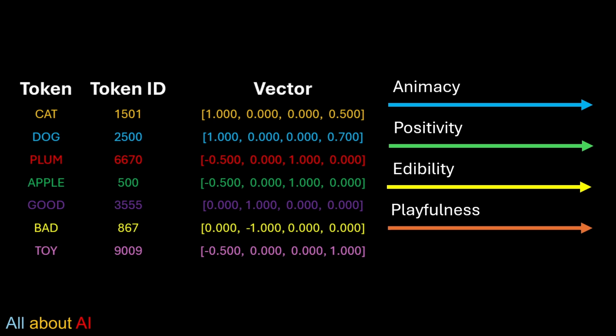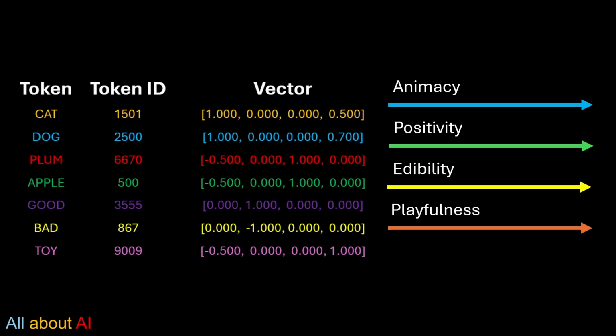So if you look at the first column of the vector, which is about animacy, in this case cat and dog are both assigned 1 because they are living animals, while orange, apple, toy, all these are assigned minus 0.5 because these are non-living objects or food.